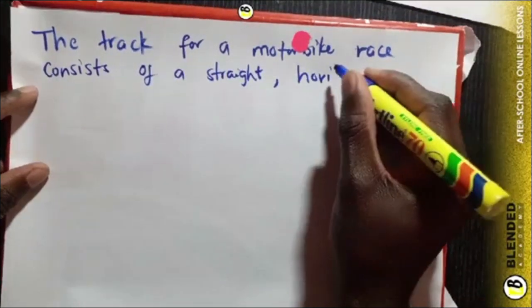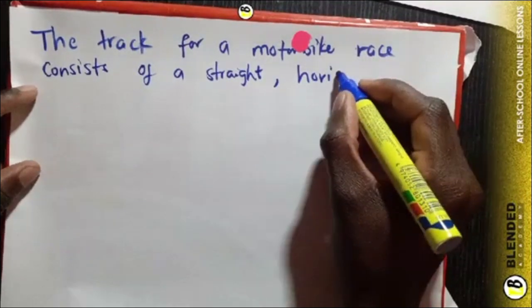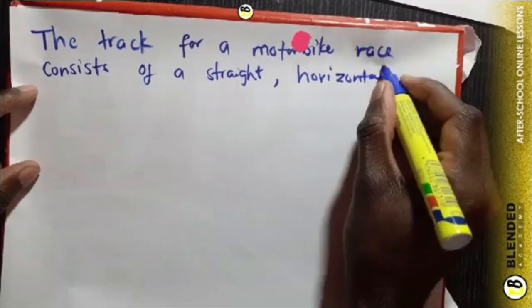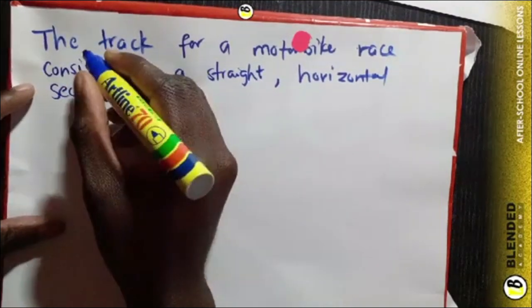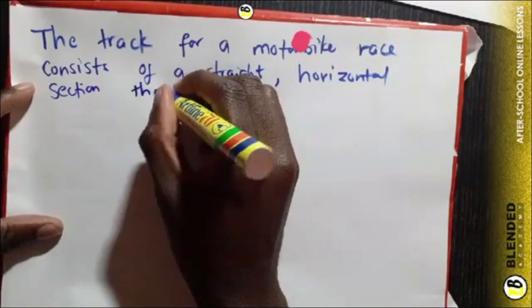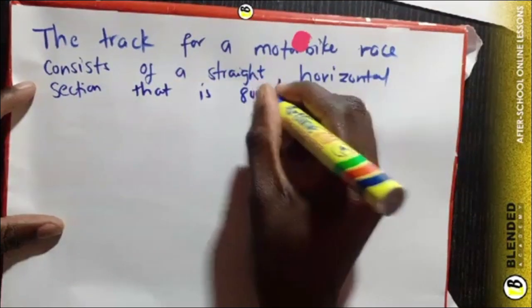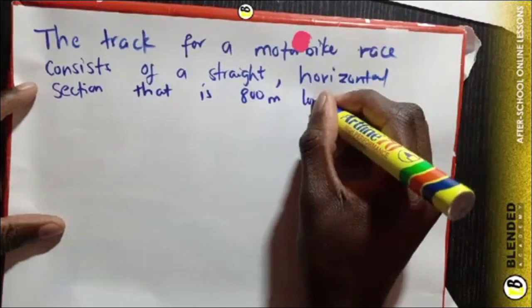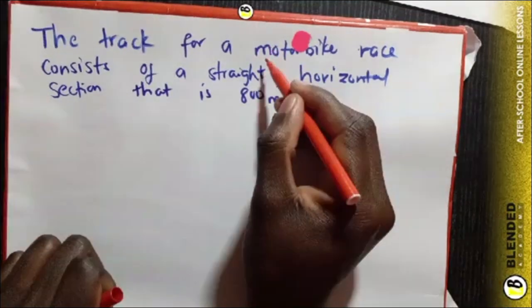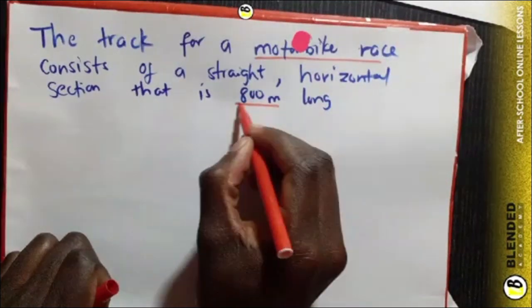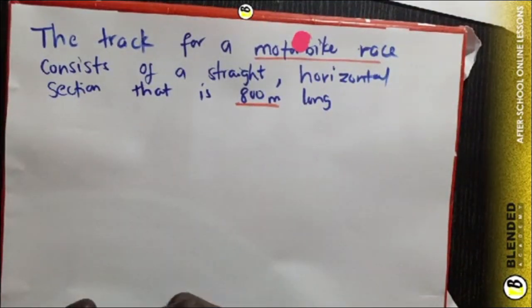All right. So we're dealing with a horizontal surface here. That is 800 meters long. So we're dealing with the horizontal surface of 800 meters long. All right. And we're given that we have a motorbike there running on a racetrack of 800 meters long.